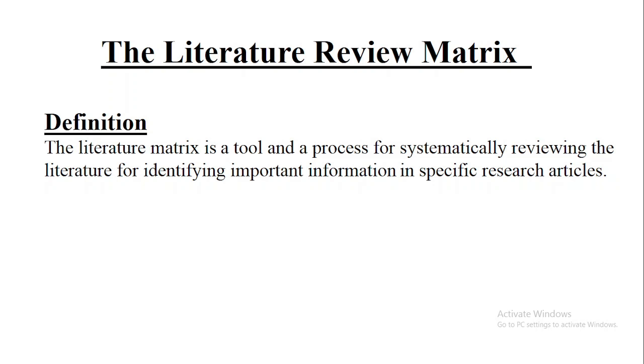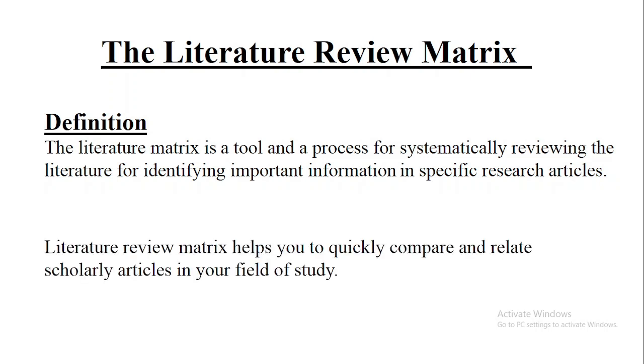Finding and identifying the important information in previous research will give you better results, and drawing and comparing them in a matrix is known as a literature review matrix. It helps you to quickly compare and relate scholarly articles in your field of study.